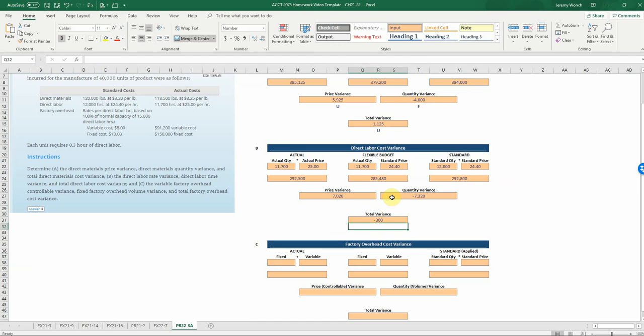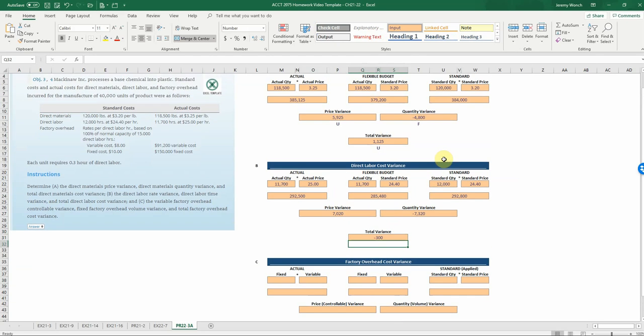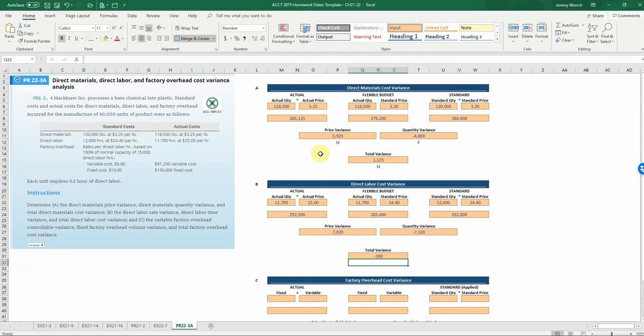And so one thing to note as you're doing these, you'll notice I did the total variance differently in both of those. You can do it either way. The thing to watch out for is if you want to, you can calculate your total variance by subtracting the total actual and the total standard. So this is actual minus standard.